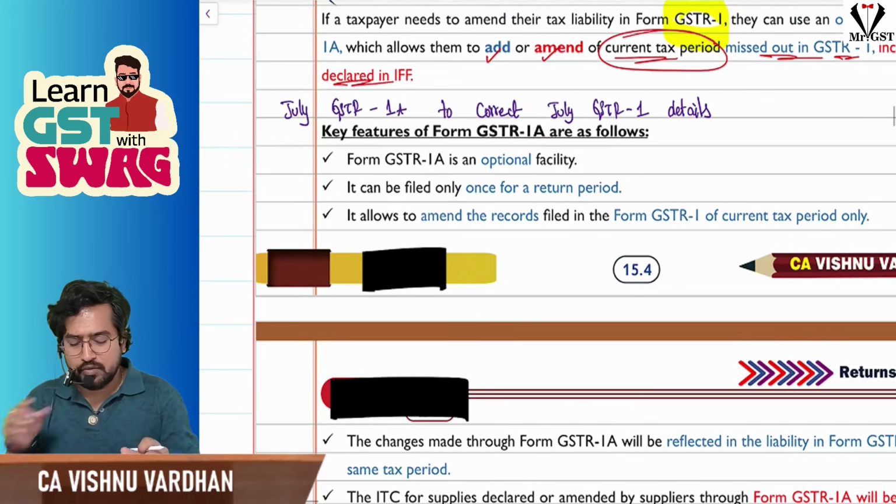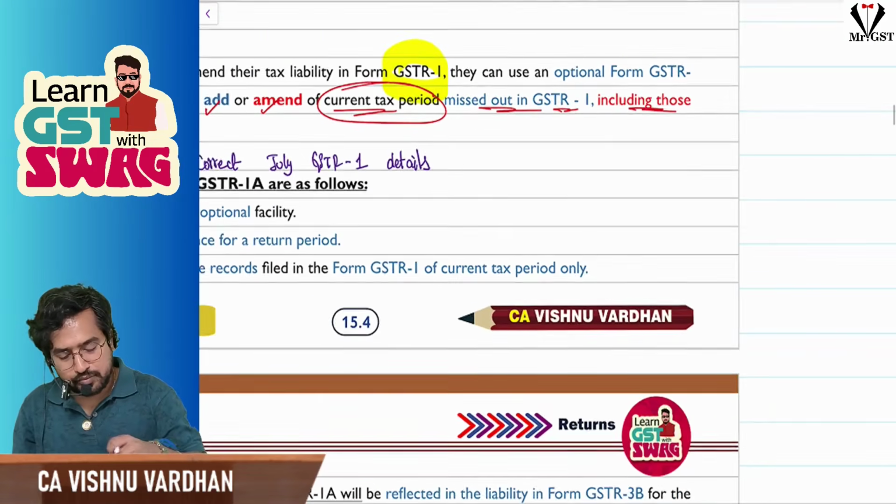Okay. Key features of 1A. Here, write down.